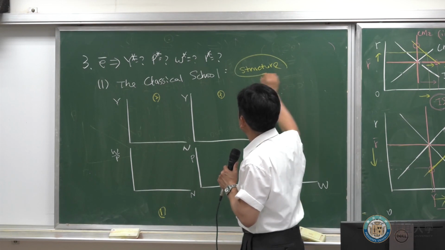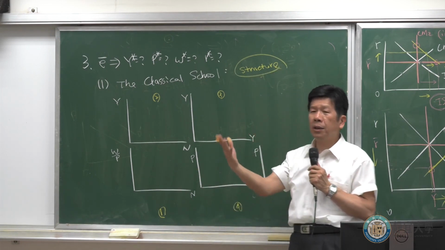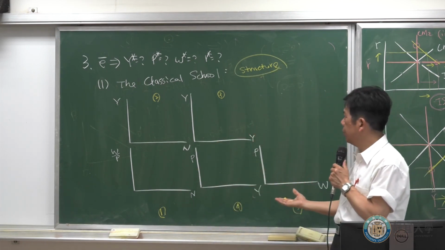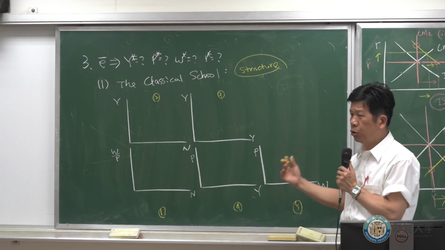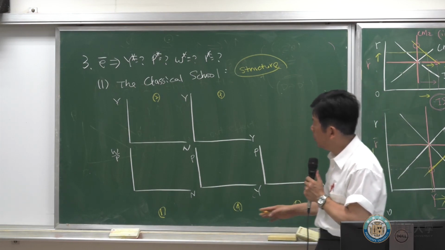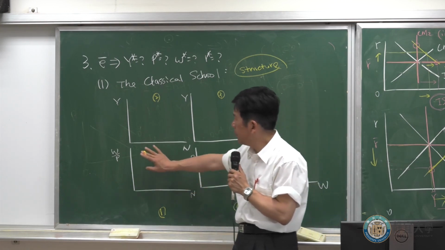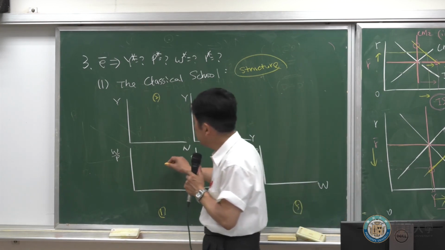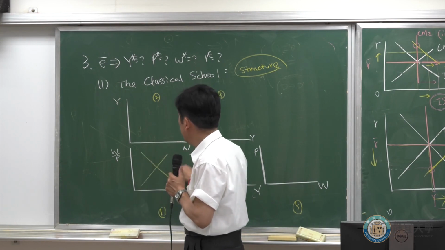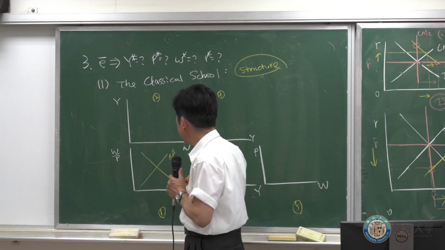When you want to get some result, you need to try to see the structure. So when you read the figure, this one is the first. This represents the labor supply and the labor demand.